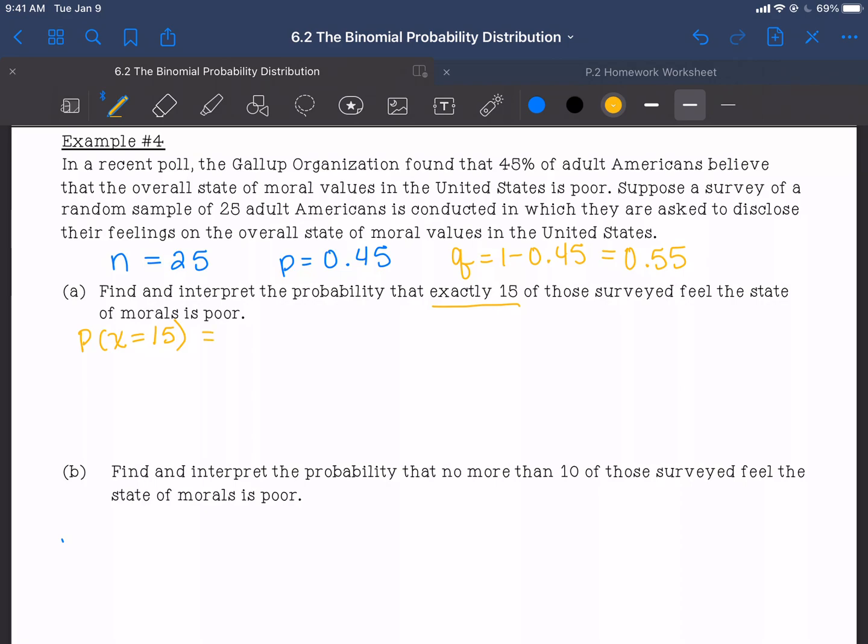If I'm writing this out by hand, I'm going to do 25 choose 15, times the 0.45 to the 15th power, times the 0.55 to the 10th power, because that would be the number of failures. I'm just going to use StatCrunch, okay?